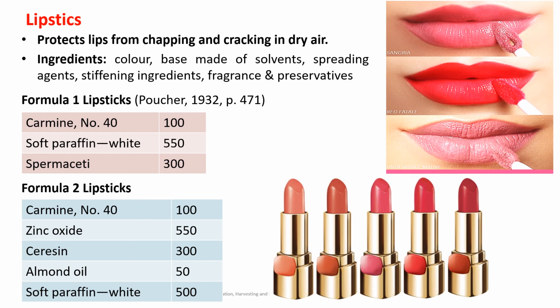Then almond oil in order to provide homogeneity to the formulation. And lastly, soft paraffin, 500 parts. Now this can be made into lipsticks in a very similar way, by heating all the ingredients at 70 degrees Celsius and pouring them into a pre-cooled mold.